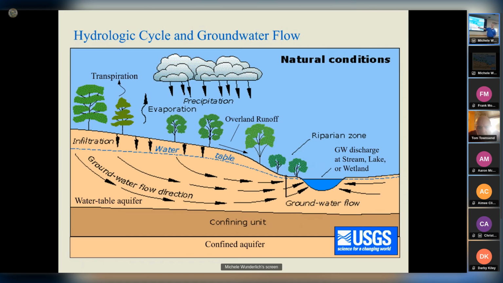So streams like Owasco Inlet is kind of the ultimate drain in the Owasco watershed. So it's always moving, but on the order compared to surface water, very slow. In a high gradient sand and gravel aquifer, it's feet per day. It's not anything like surface water, much slower.